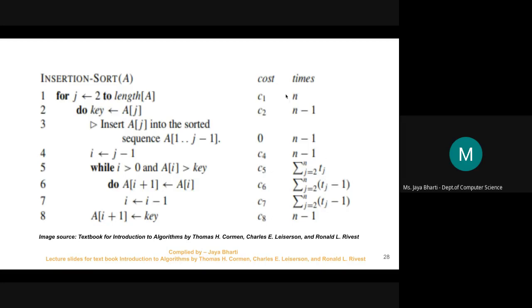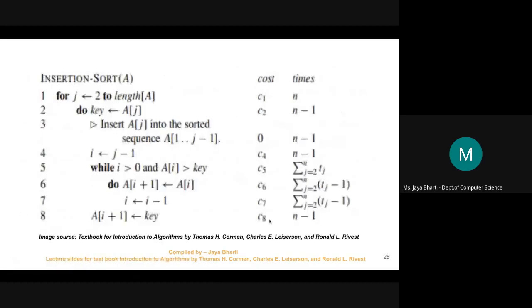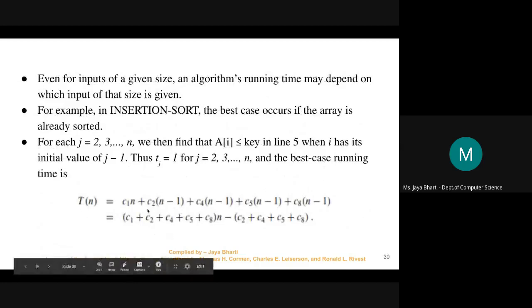So you have one, two, three, four, and five. You can see c1 n plus c2 (n minus 1), c4 (n minus 1), then c5 (n minus 1), then c8 (n minus 1), because the middle steps will be 0. So when you take common n and the constant values, it will be like this.